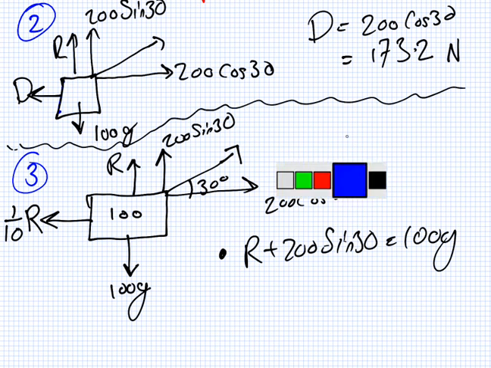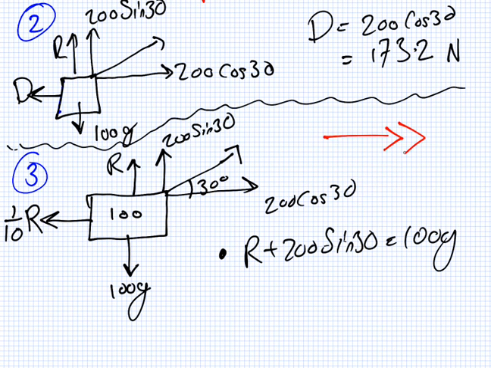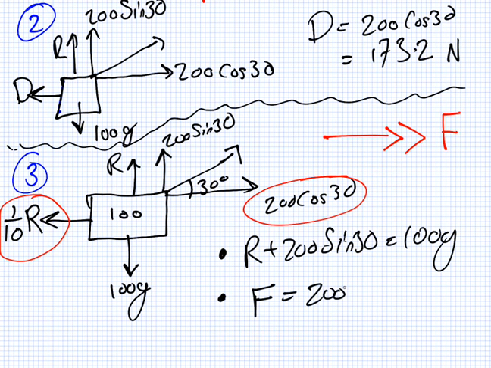Now here, please be careful. The block is accelerating, so it is wrong to say that this equals this. It does not. What you can say though is that F is equal to 200 cos 30 minus a tenth of R.